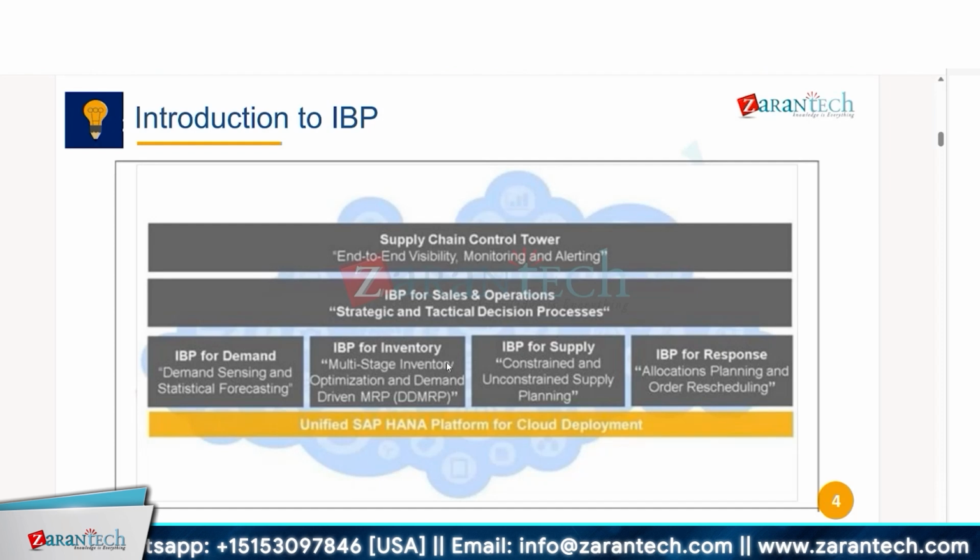For example, if a product is there, product A, the demand may be 10,000 pounds. But the sales guy knows our organization can only produce 5,000 pounds because they are missing the raw material.